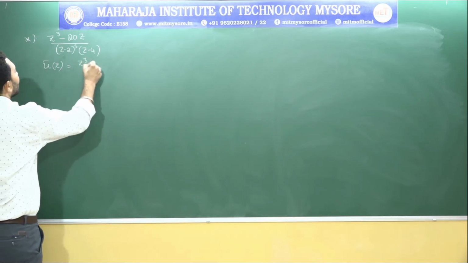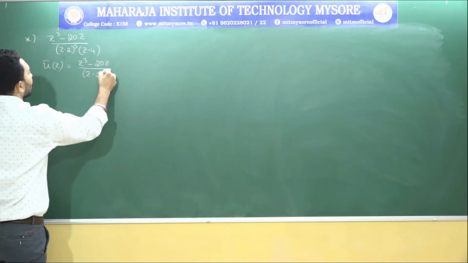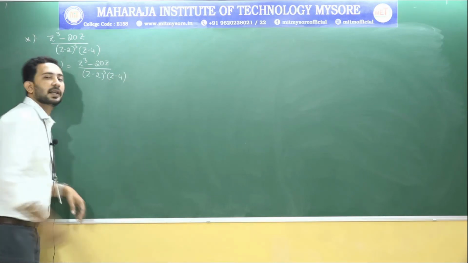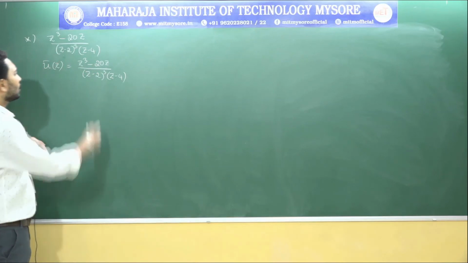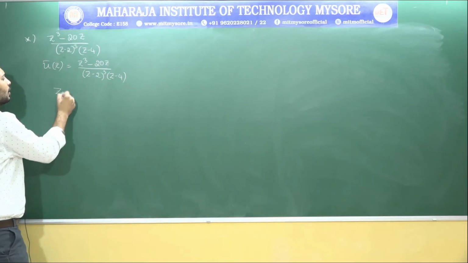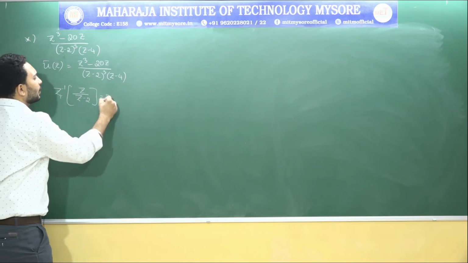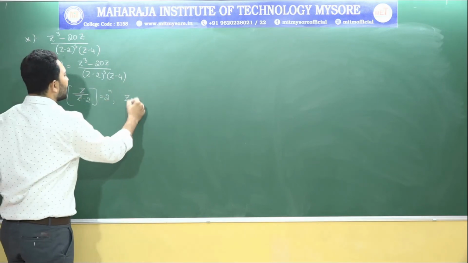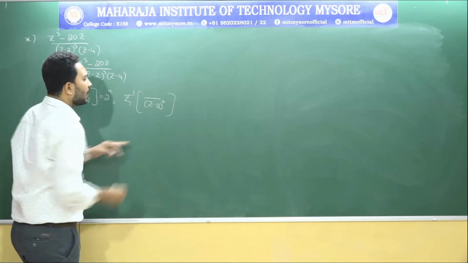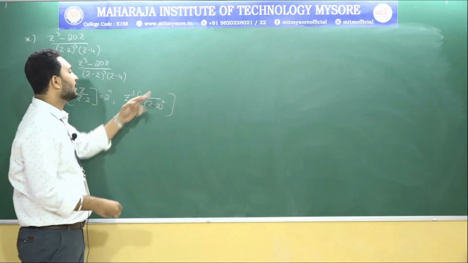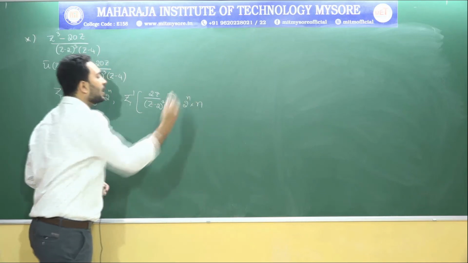As we already solved in the previous problem, I will directly go to z inverse of z divided by z minus 2, that is 2 power n. If we have (z minus 2) whole square in the denominator, then the numerator will be 2 into z, then the answer will be 2 power n into n.